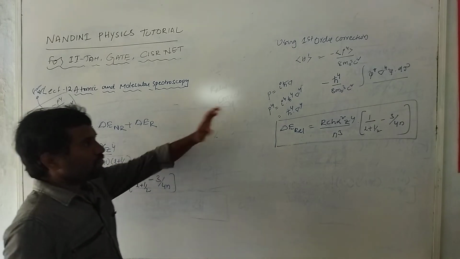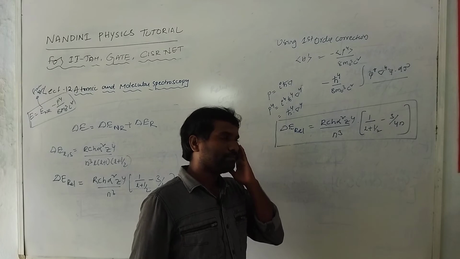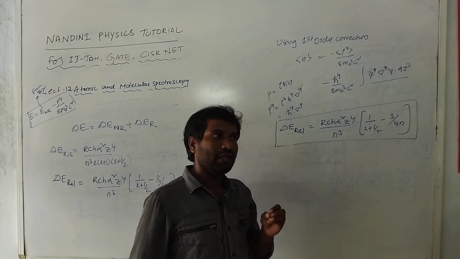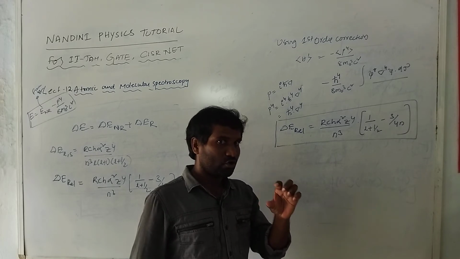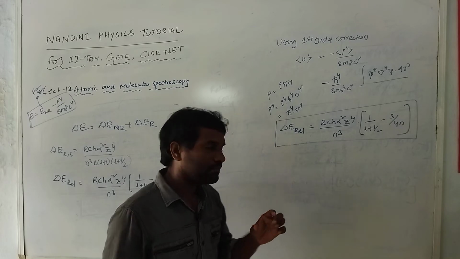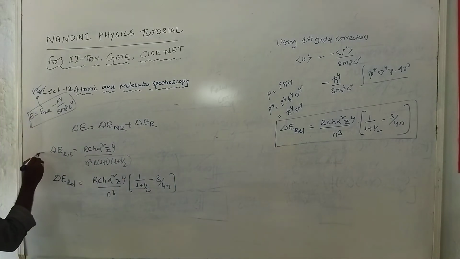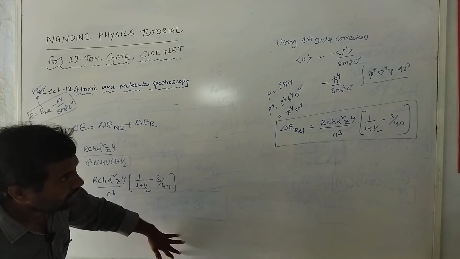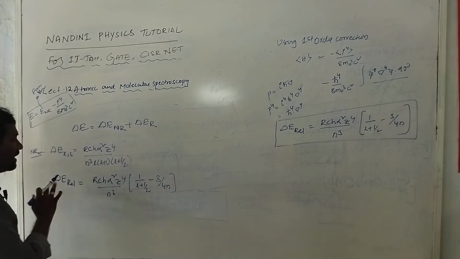Now don't get confused, because in fine structure we find the energy shift by using the fine structure concept of the hydrogen atom, which is the non-relativistic equation for the energy shift. Using the alkali spectrum I find the relativistic energy.